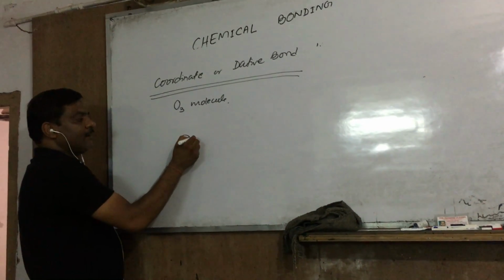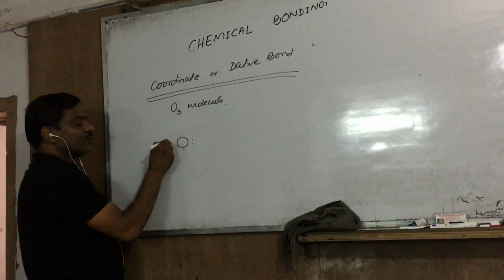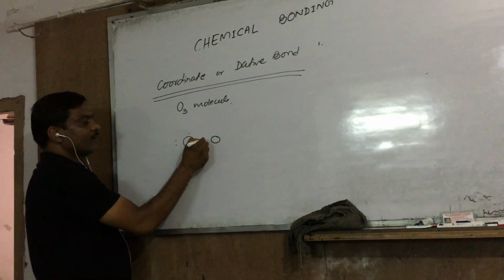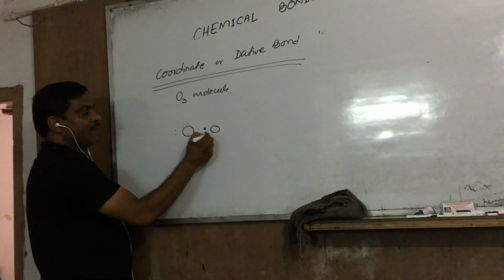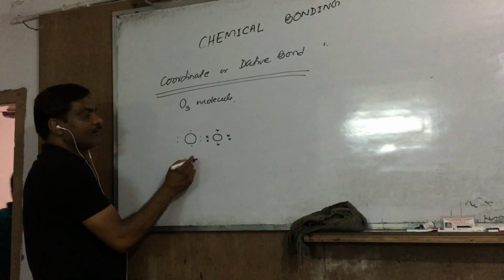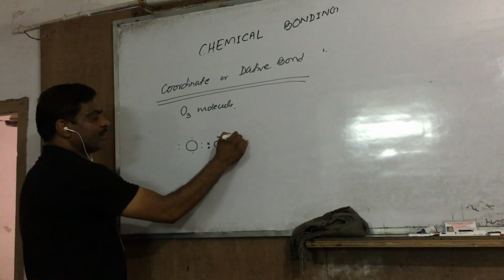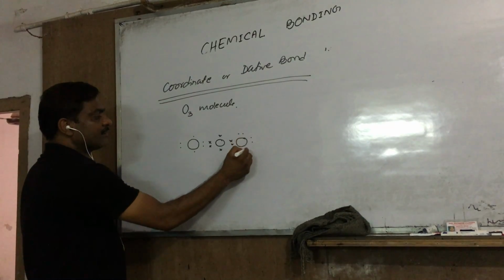Oxygen has 6 electrons in its outermost orbit. This oxygen atom will have 6 electrons in its outermost orbit, and the third oxygen atom will also have 6 electrons in its outermost orbit.